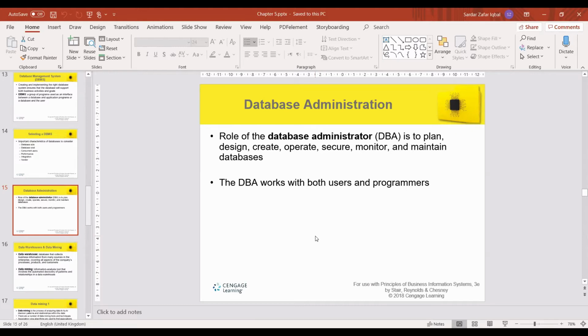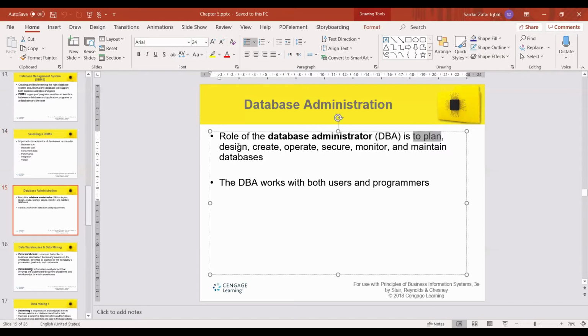The different certification levels of Oracle are available for this. So the role of the database administrator is to plan, design, create, operate, secure, monitor, and maintain databases. So it is a very important job. The DBA works with both users and programmers.